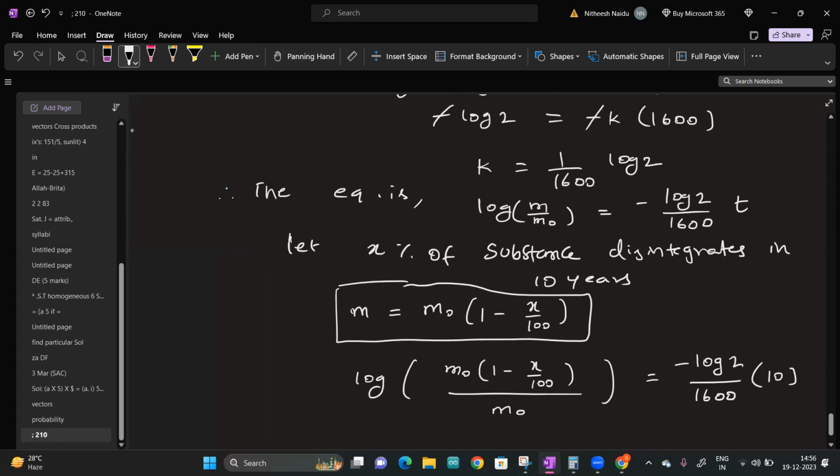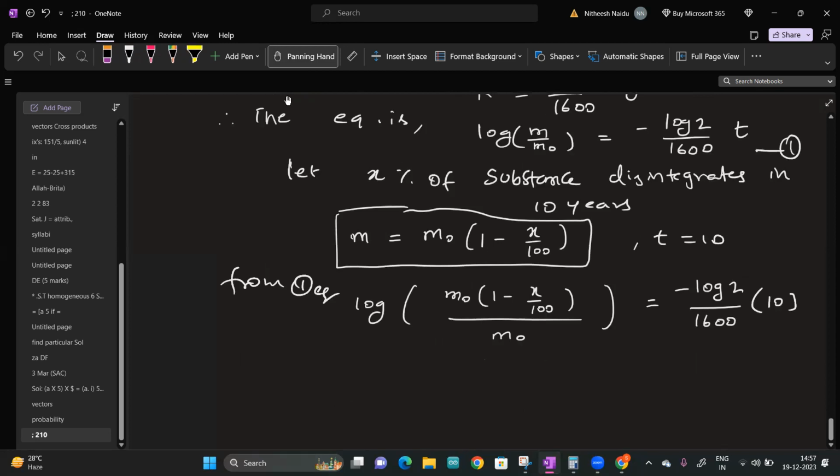So write down t value 10. We are substituting this m value after 10 years into the first equation. We assumed that x part of the substance is left, so we are using this calculation.